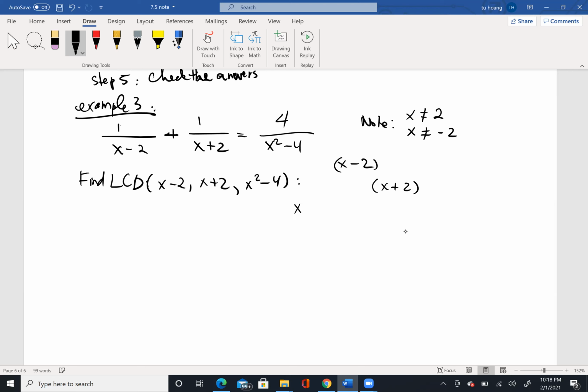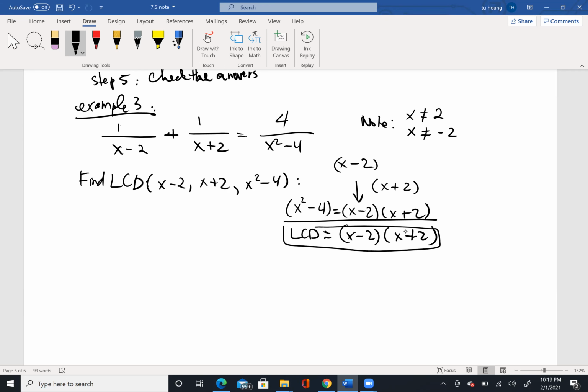Now x squared minus 4 can be rewritten as x minus 2 times x plus 2, because this is x squared minus 2 squared. So the LCD is x minus 2 times x plus 2.